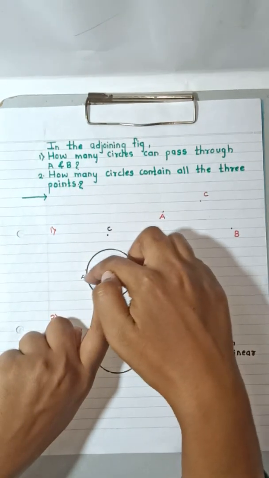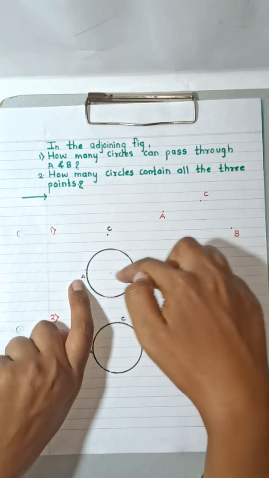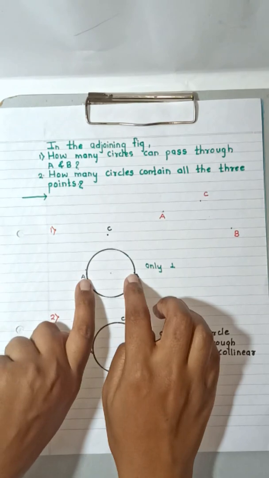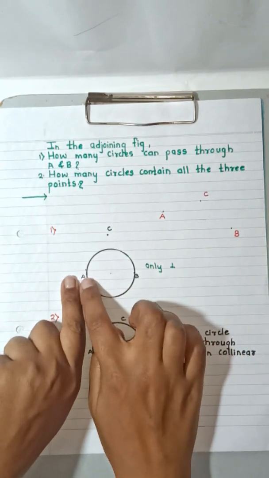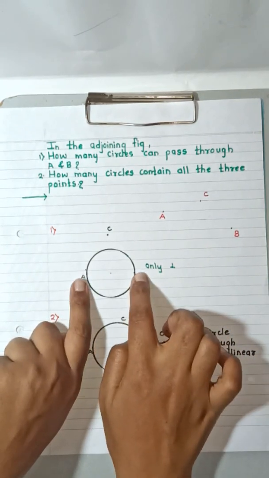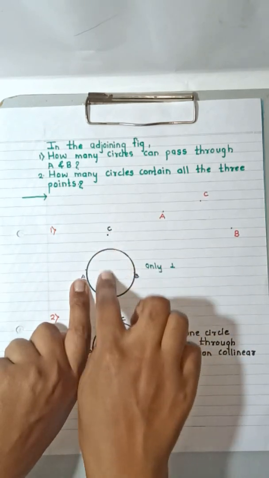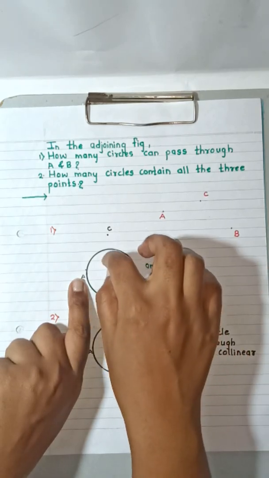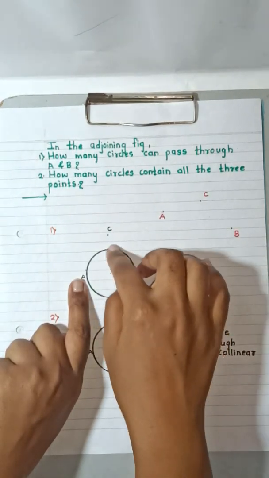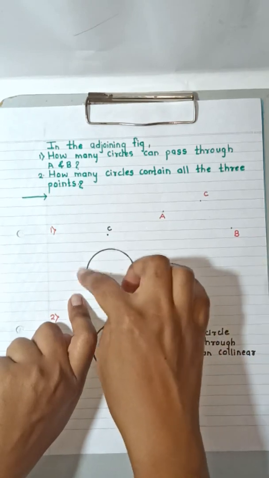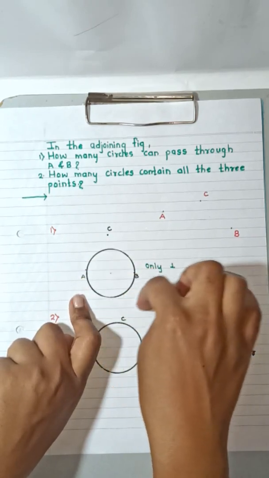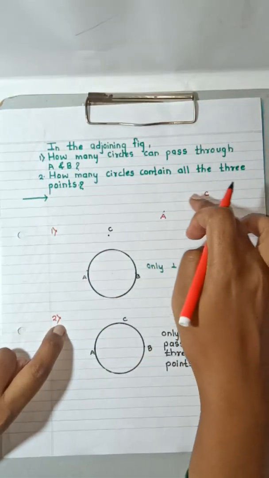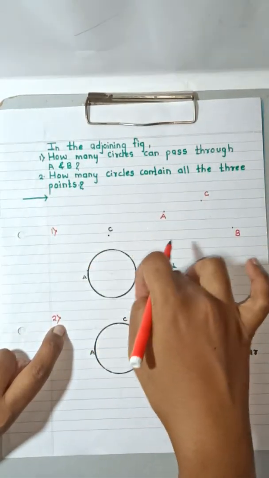But if we consider this AB as a diameter of the circle, or as a line segment, and draw a perpendicular bisector to AB and take any point on that line, so innumerable circles can be drawn through this A and B. So remember children, for this question, as they have given only these points, we can draw only one circle.